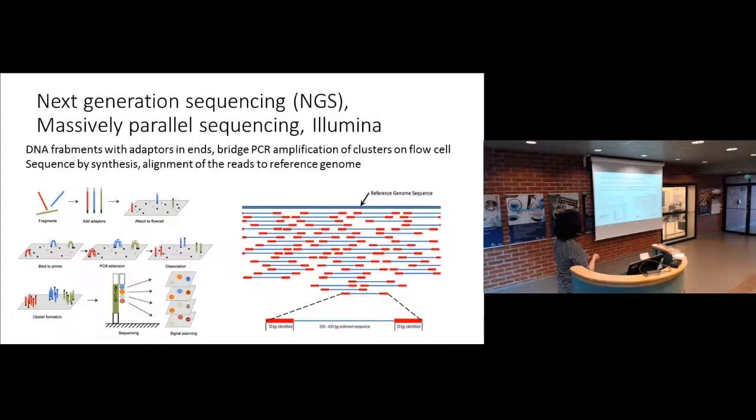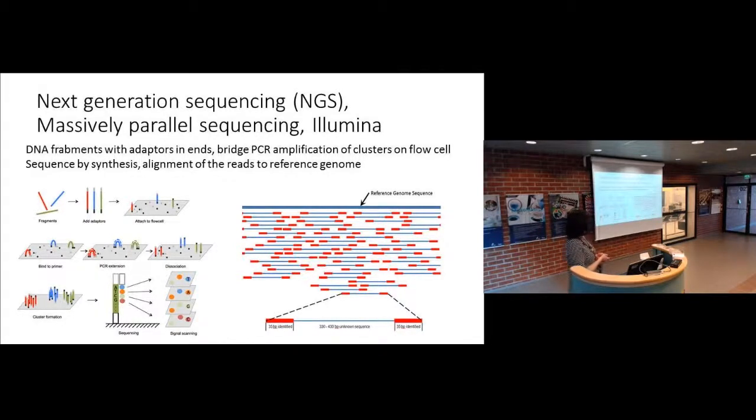And then these short sequence reads, you compare them to the reference genome. Let's say the human genome sequence is here, and then computationally you align them, and you can then see their variants or count them. If you do it from a cDNA library, you can measure gene expression levels between patients and controls and so on.